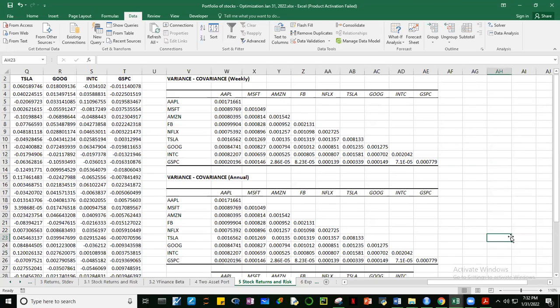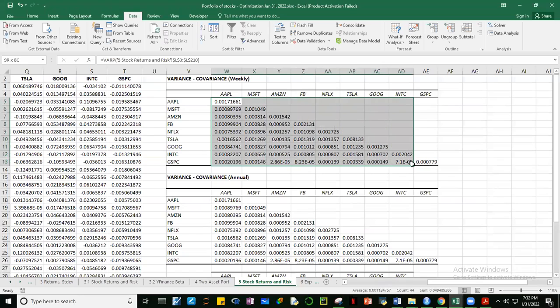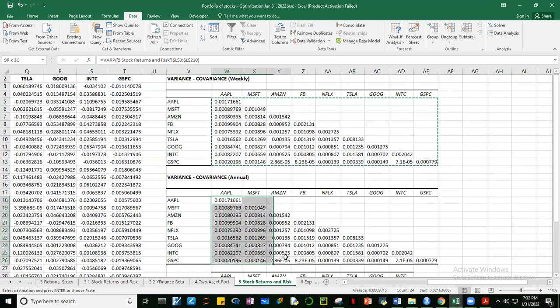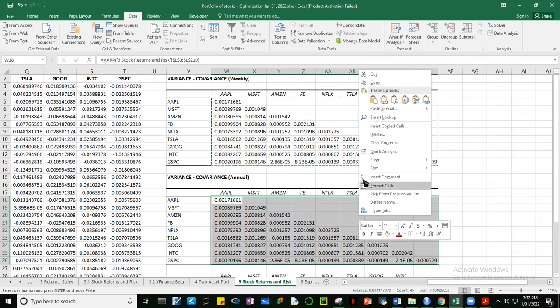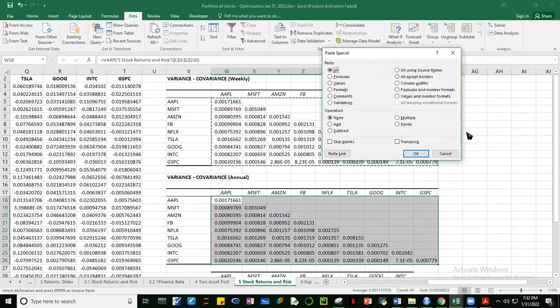We copy this and transpose it here. Copy, Control C, then paste special.